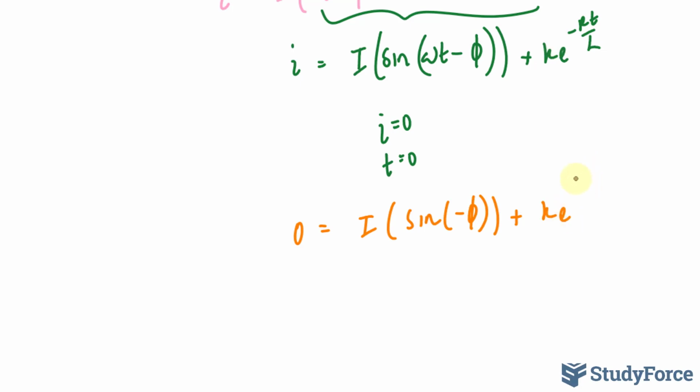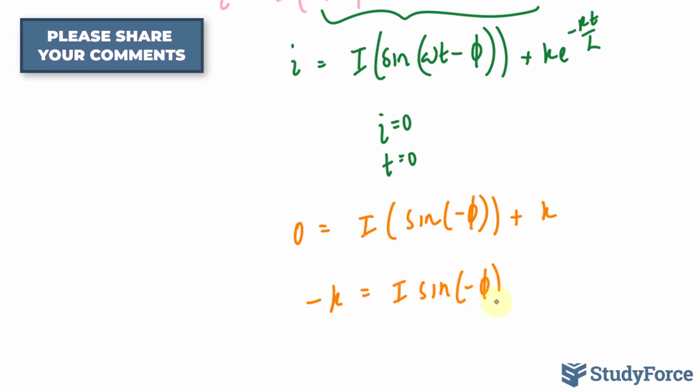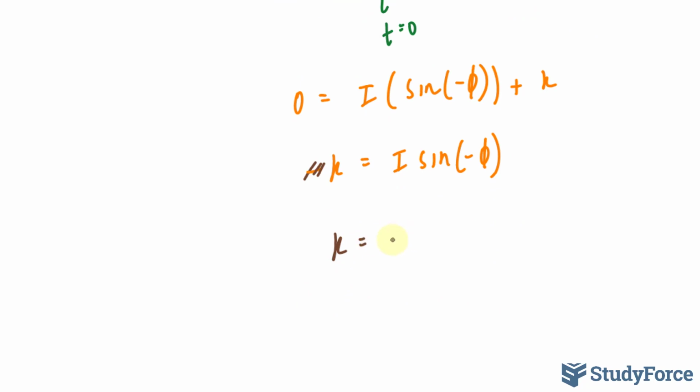So we have e to the power of 0, which is 1. I've removed the e for convenience. Moving this k to the left side, we have negative k equals I times sine negative phi. Dividing both sides by negative 1 gives us k is equal to negative I times sine negative phi.